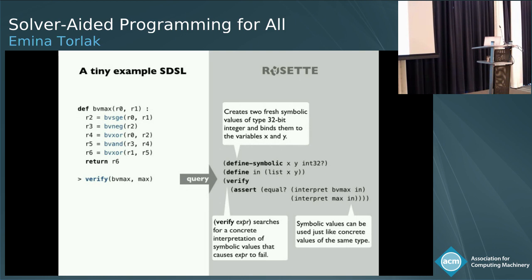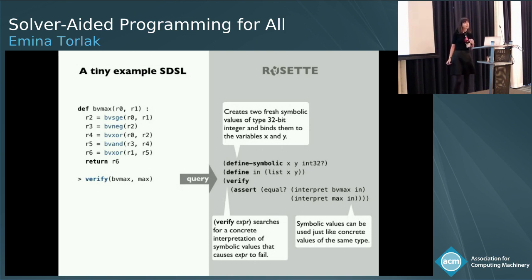So the meaning of this query is: conceptually evaluate all paths through this expression, whatever assertions you encounter, collect them, and then ask the solver if there is any binding from the symbolic values to concrete values such that at least one of these assertions is violated. If there is no such binding, you're done, you have verified your program, and if there is such a binding, the solver will return it, and it will represent a concrete counterexample to the correctness of your program in the BV language.